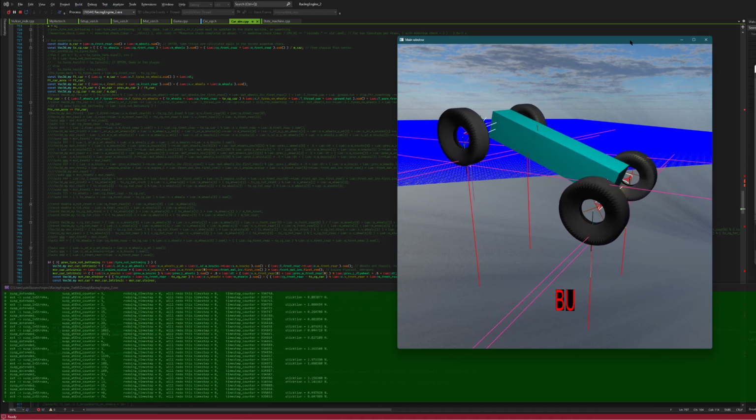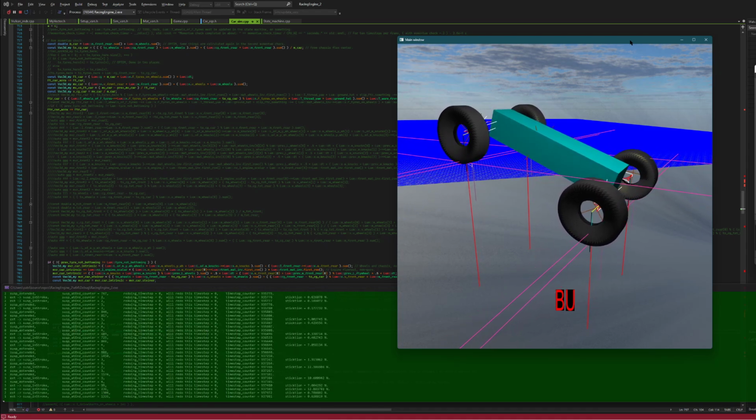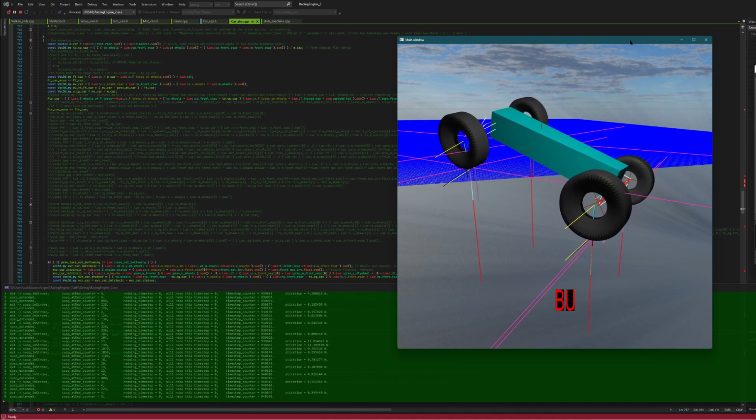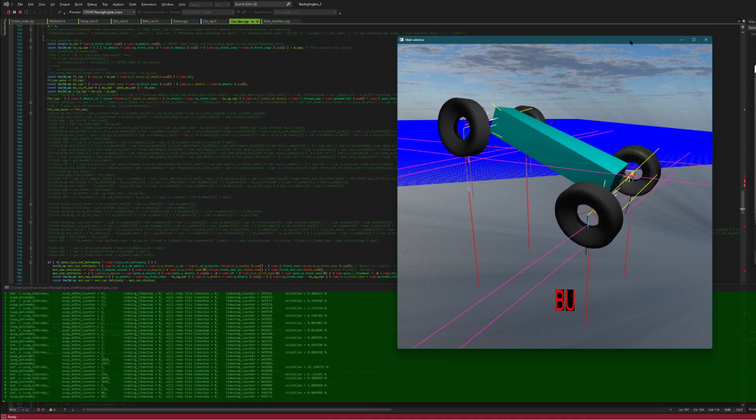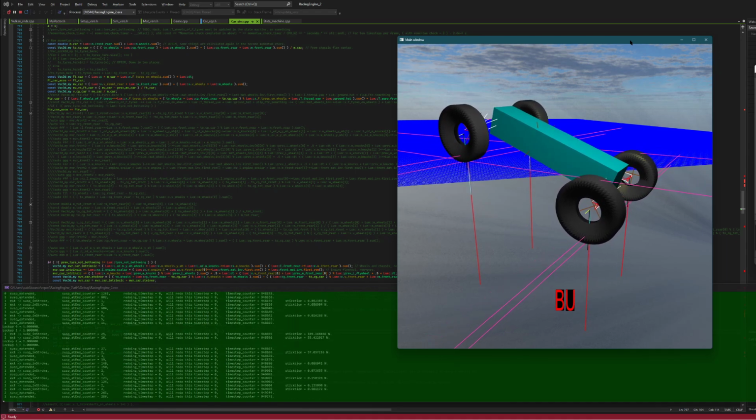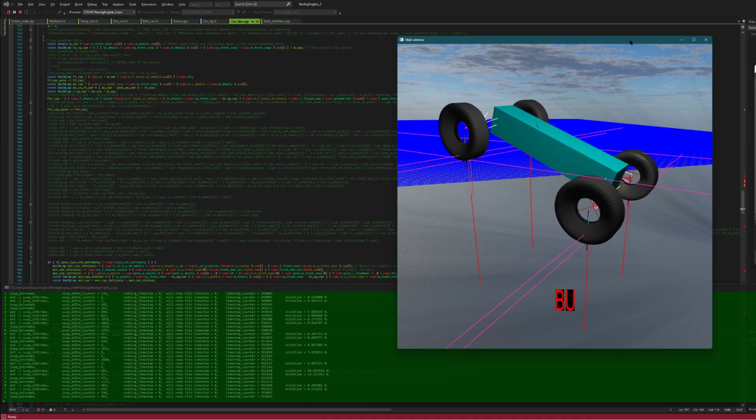The thing to notice here is, even though you can't see the difference, there is a difference between double A arms and solid axle twisting.